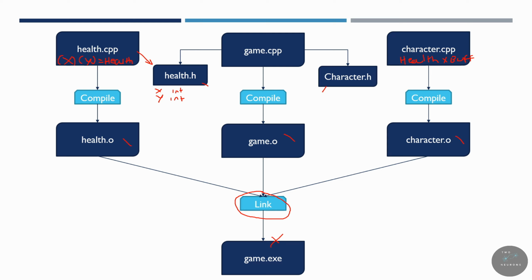So what's happening is when we tell the game class file to include our health, it goes, okay, we need to include these variables. The way these variables are used is declared by this health CPP. The linker brings the object from health CPP, our class file, into our game exe in relation to our game object file here.